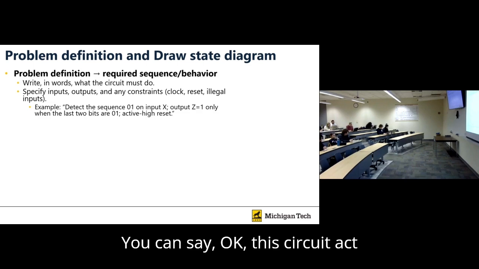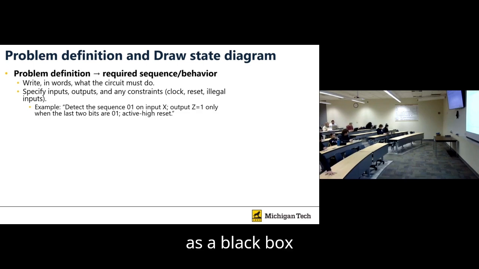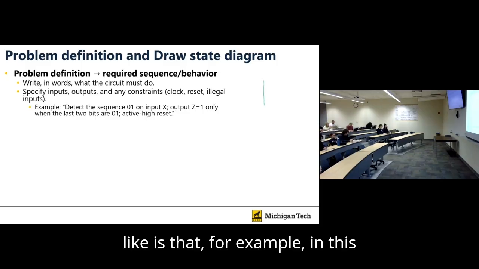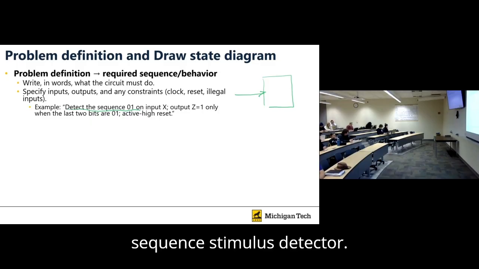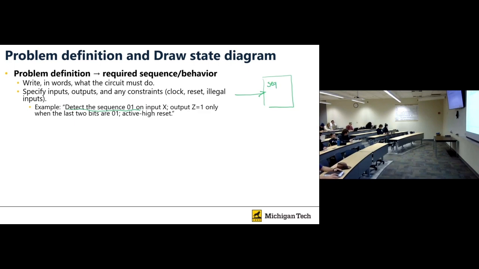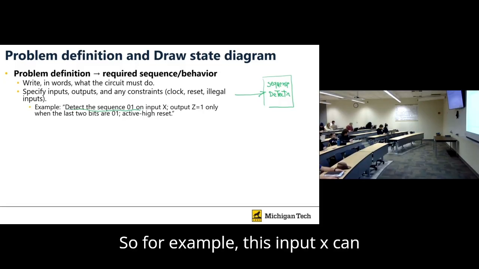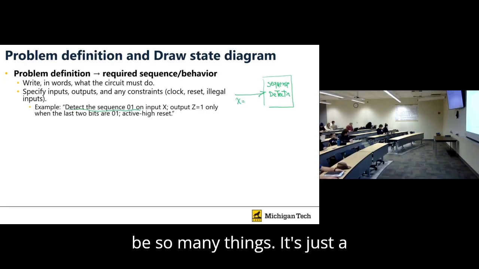You can say, okay, this circuit acts as a black box. In this example, it detects the sequence of 0, 1. This circuit is called a sequence detector. This input X can be many things.